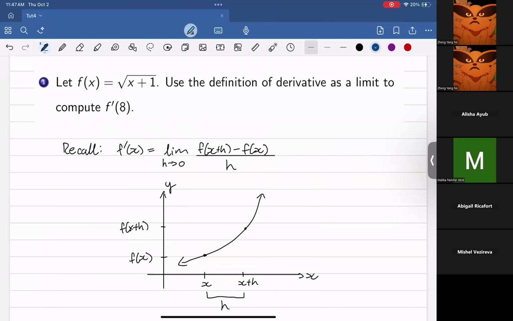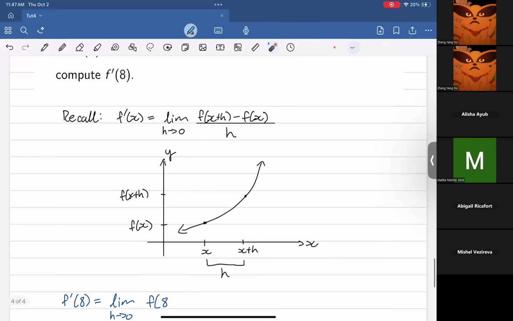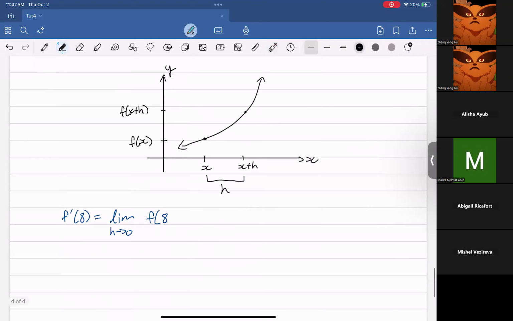And in terms of how to find the derivative, we can compute f prime of 8 by the definition, as the limit as h goes to 0 of f of x here would be 8, so it would be f of 8 plus h minus f of 8, over h.